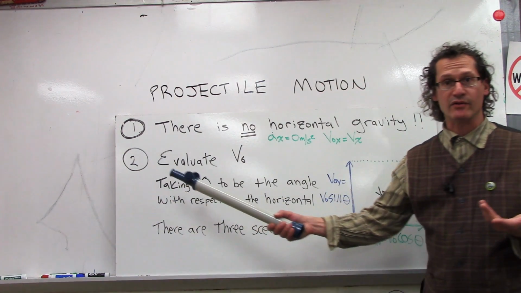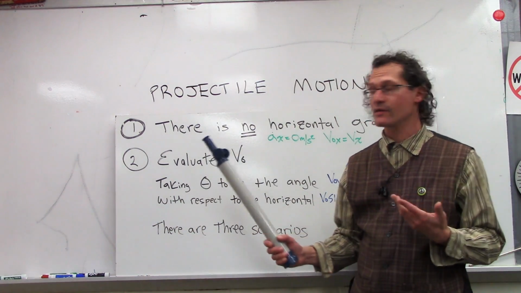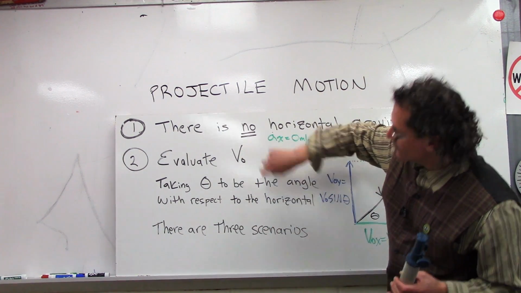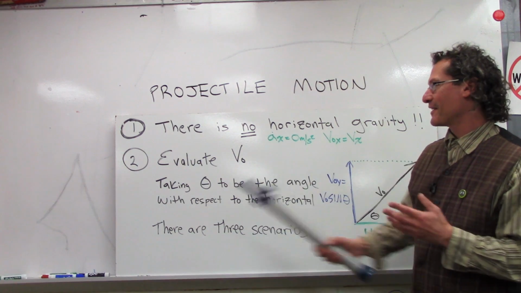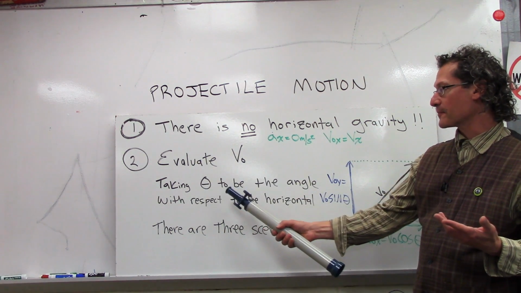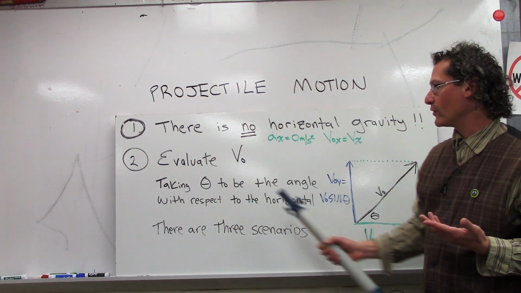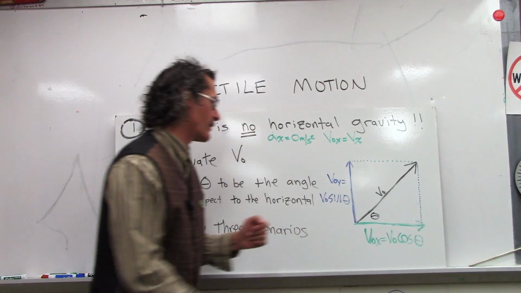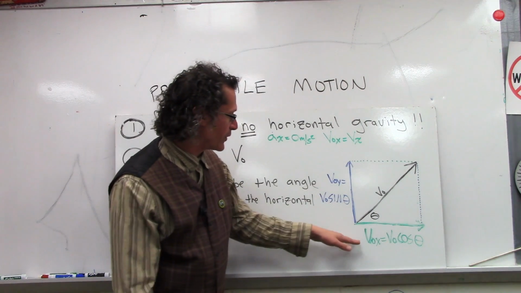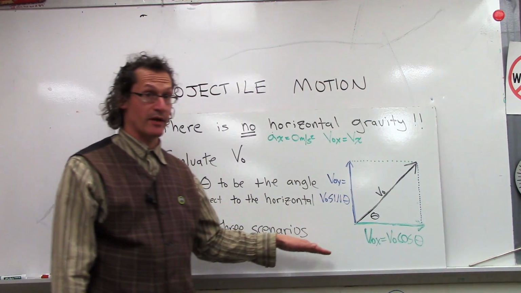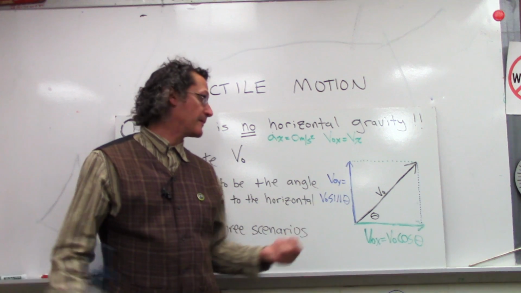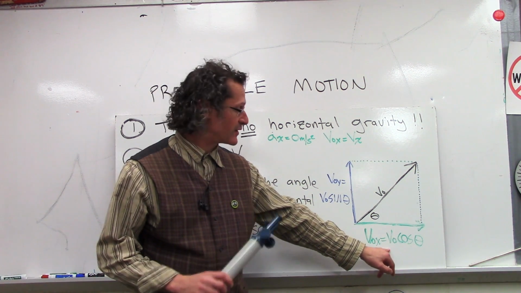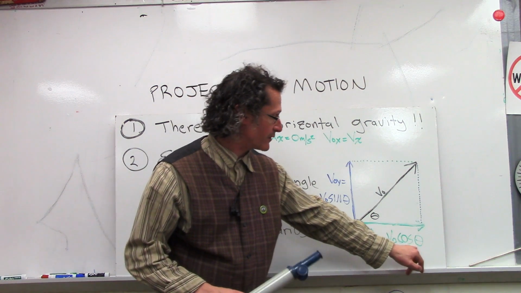What we want to try to do first to set up the problem is evaluate v naught. That looks like v6. It's not. Taking theta, the angle theta, to be the angle with respect to the horizontal, we have this over here. So we've got in the horizontal, in green being horizontal, green is grass, right? So v naught x is the same thing as v naught times cosine of theta, okay?